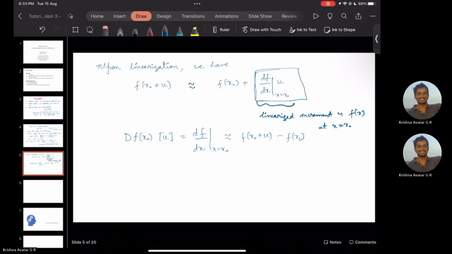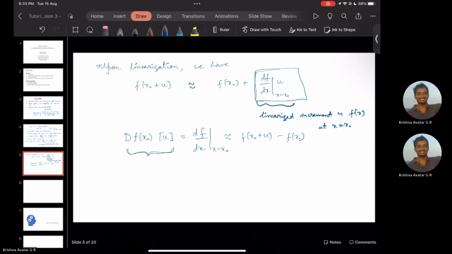Okay. And this symbol or this operation is how we read it: it's the directional derivative of f at x naught in the direction u. Fine.